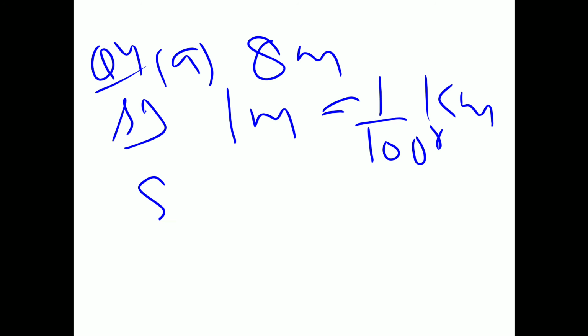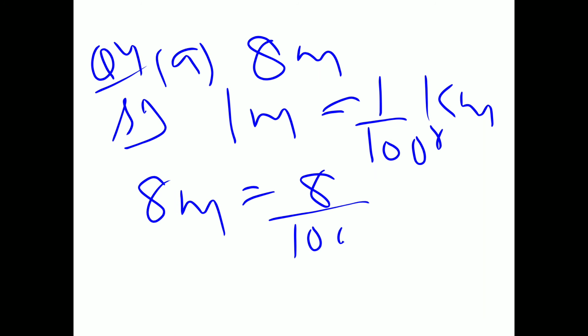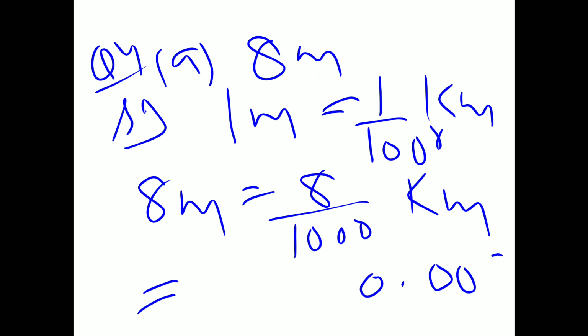Clear? So 8 meter will be equal to 8 by 1000 kilometer. So there are 3 zeros down. It means after the decimal there should be 3 numbers, but they have given only one number. So I put 2 zeros and then I write 8. So the answer is 0.008.